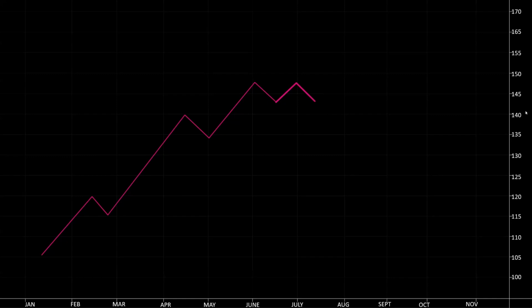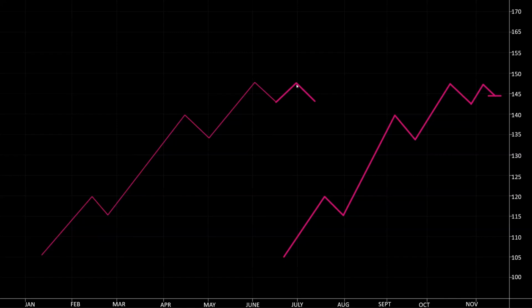But there's one key point to this, guys, because when you think about a continuation pattern, you get the same type of trend, you get the same type of momentum. The key difference here is what happens at support.